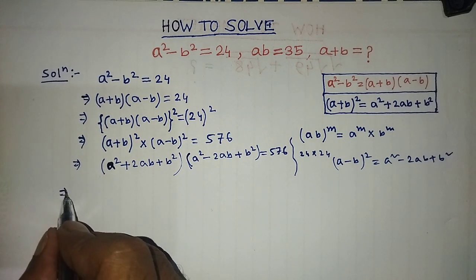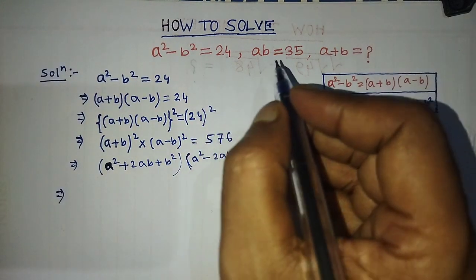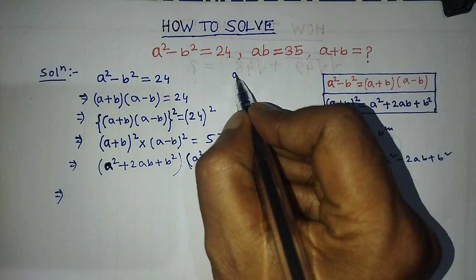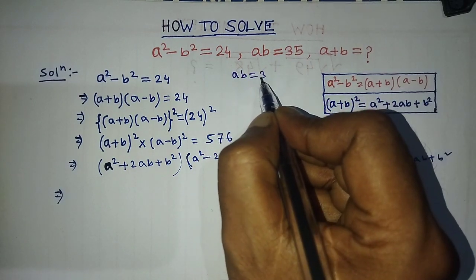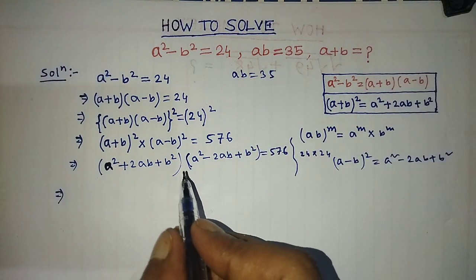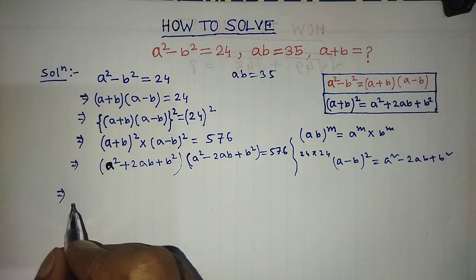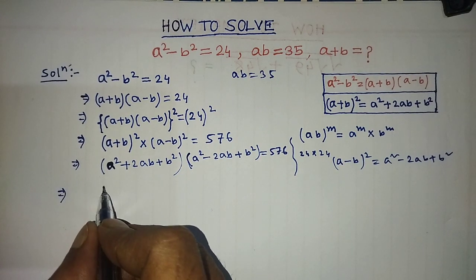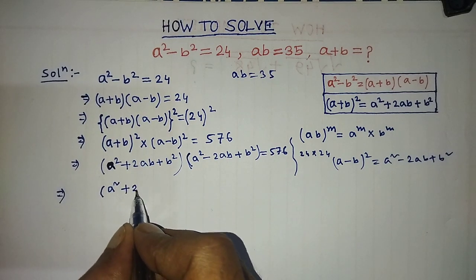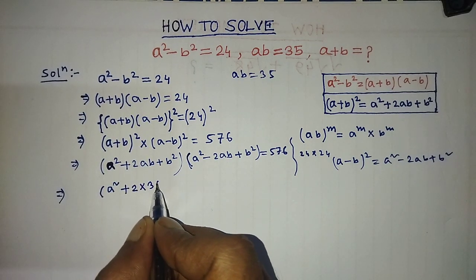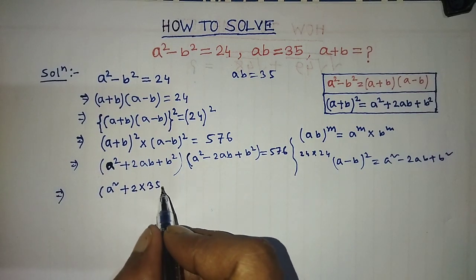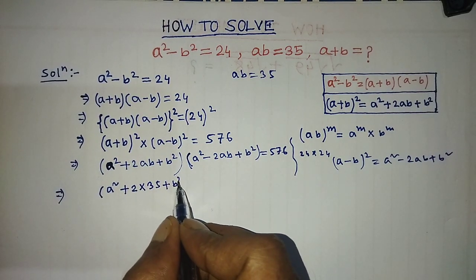After that, the value of a into b is 35. We have to put the value of ab equal to 35 on the left hand side of this equation. So we can write a square plus 2 into 35, since the value of ab is 35, plus again b square.